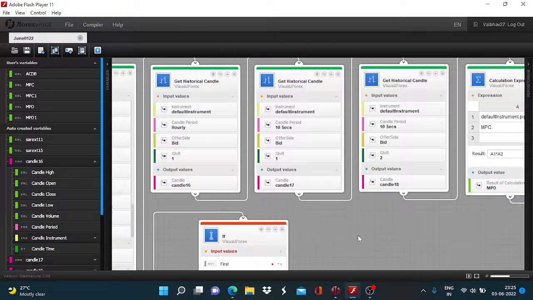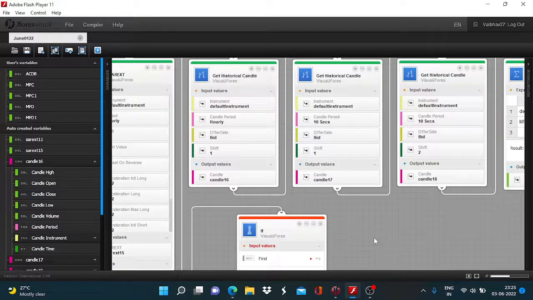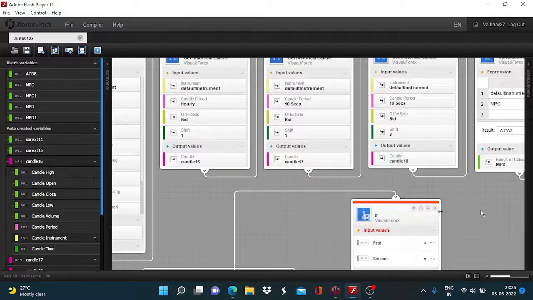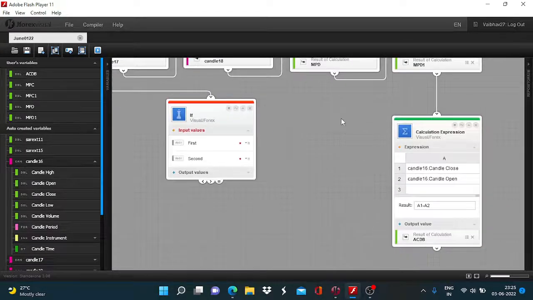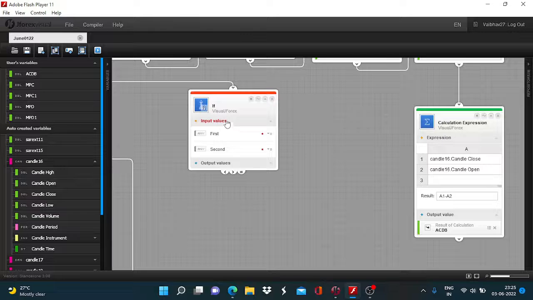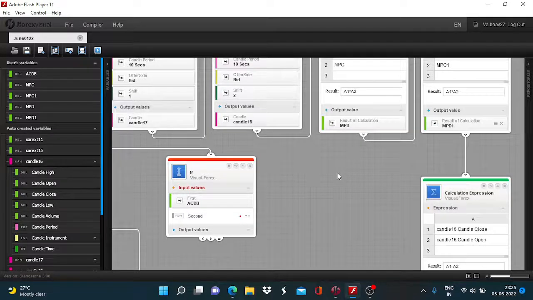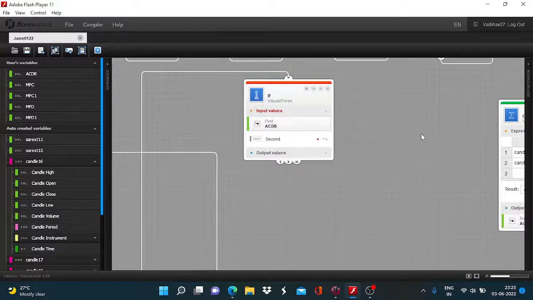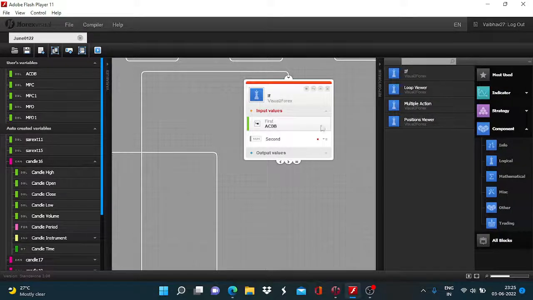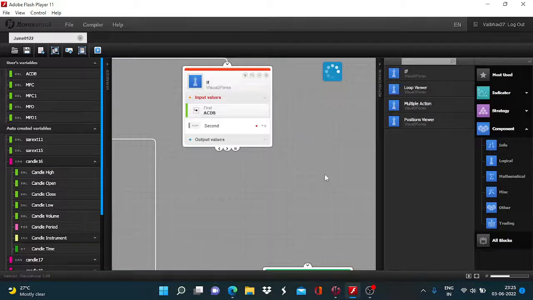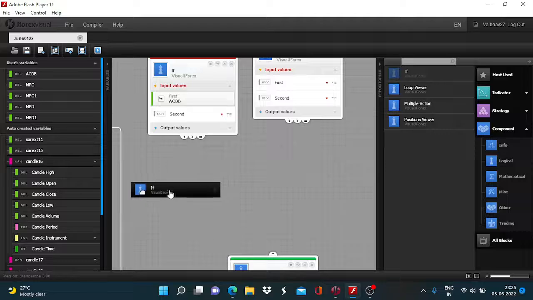Now coming to the actual difference. The actual difference needs to be within the defined parameters, above 15 pips and less than 30 pips. So we are going to need to compare with the defined variables.